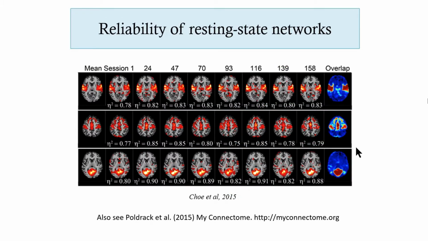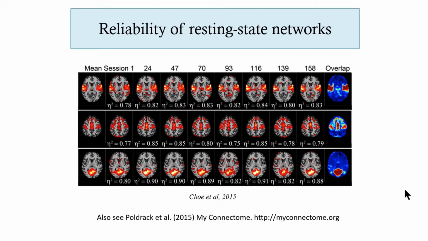This pattern looks sometimes very consistent across different sessions within the same subject. For example, this one shows that across many different sessions, there's an extremely high level of overlap. This does not hold true for all the networks, but for those reliable, about a dozen networks, this is quite consistent.